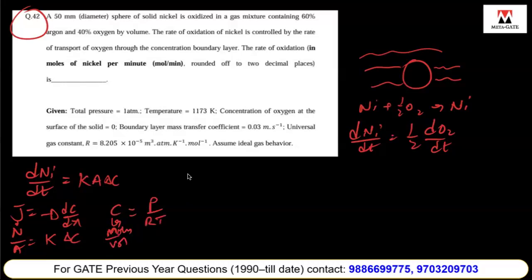So this comes from PV equal to nRT. So you can write concentration in terms of P by RT. So dNi by dt is equal to K A into delta P by RT. So you get this in moles per second. To get it in minutes, you need to multiply this with 60.